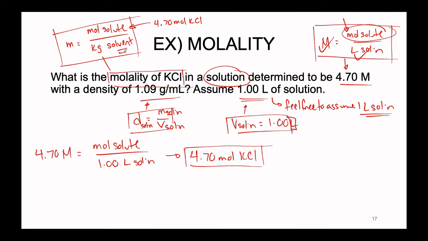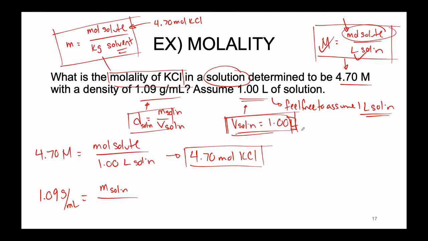Let's take that first step though. Let's use the density equation to find mass of solution, which we can then in turn use to find mass of solvent. The density of our solution is 1.09 grams per milliliter. The mass of the solution is what we are looking for, and this is going to be divided by the volume of solution, which again is given to us.